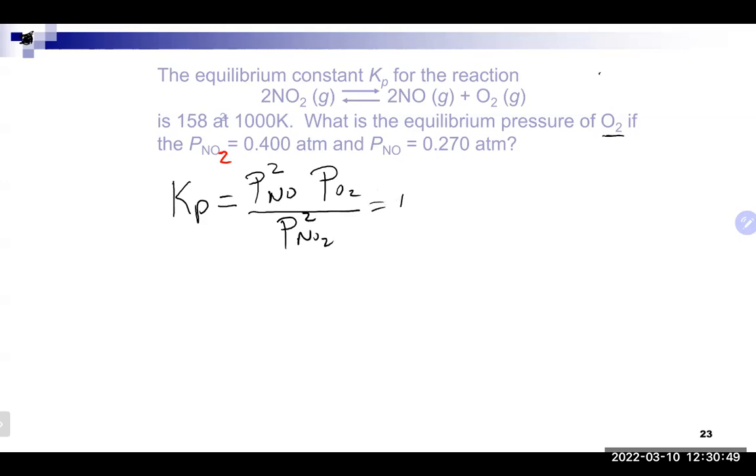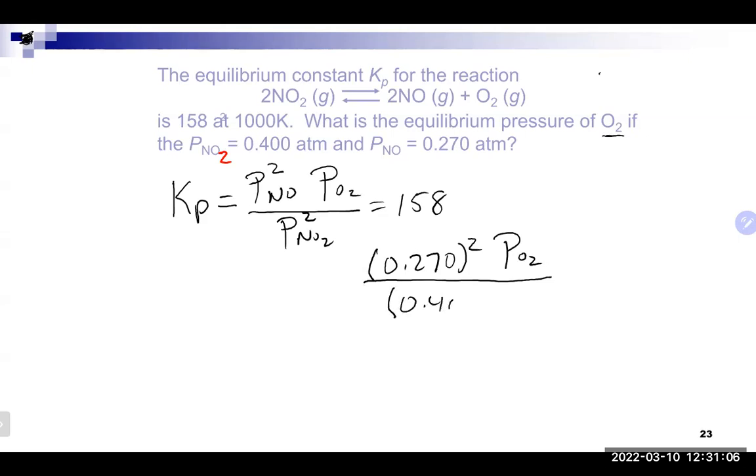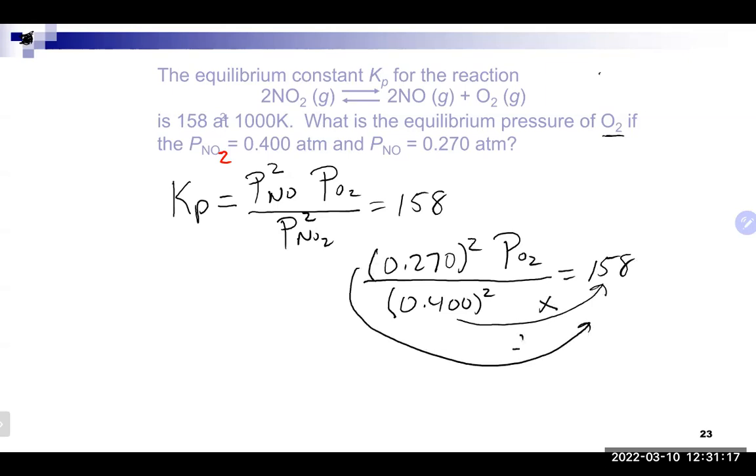That would equal the 158 value. At this point, we have everybody but the O2, so I went with 0.27 squared times the partial pressure of O2 divided by our 0.4 that's squared equals our 158. We're going to basically multiply this guy to the other side and then come back and divide that guy, right?